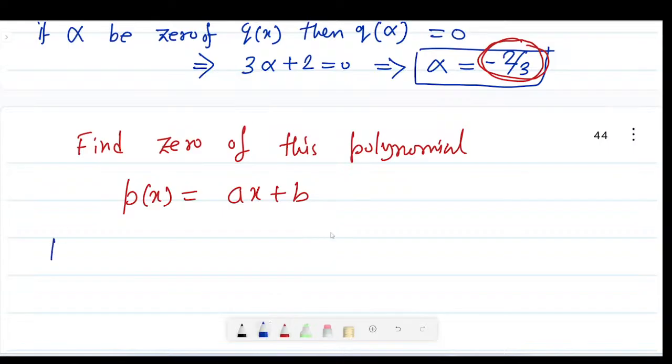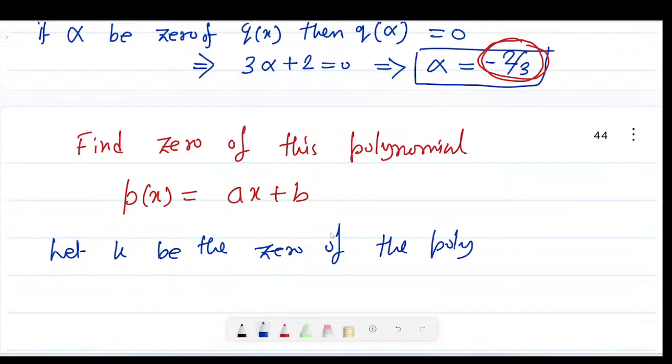So let k be the zero of the polynomial p of x.